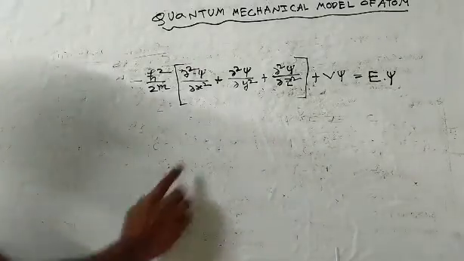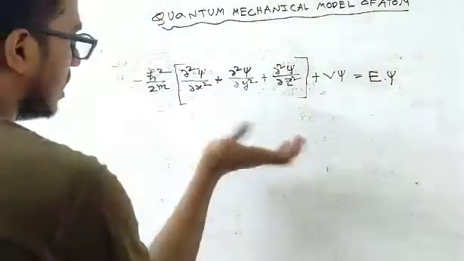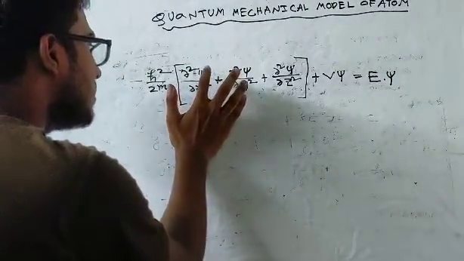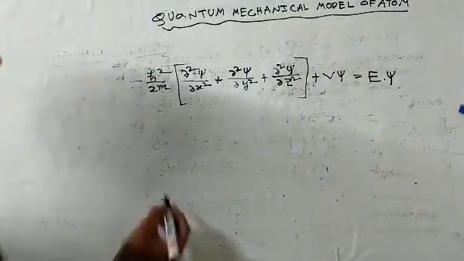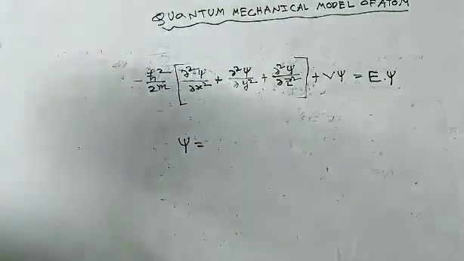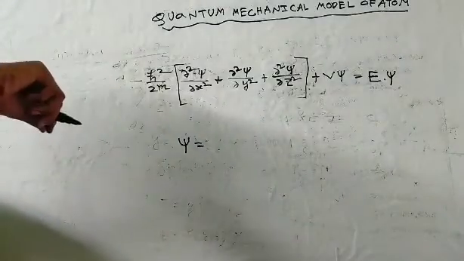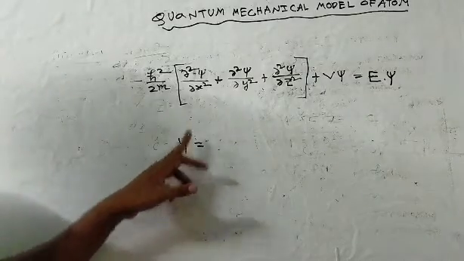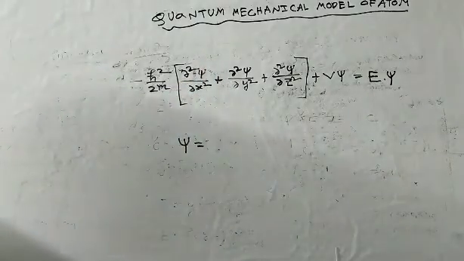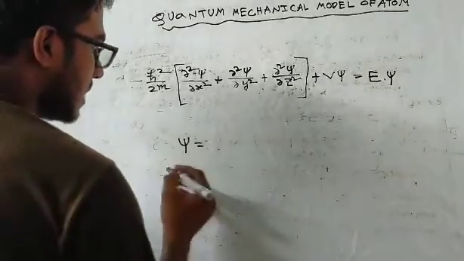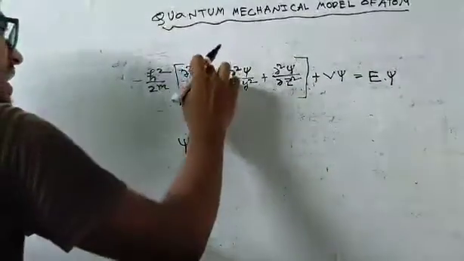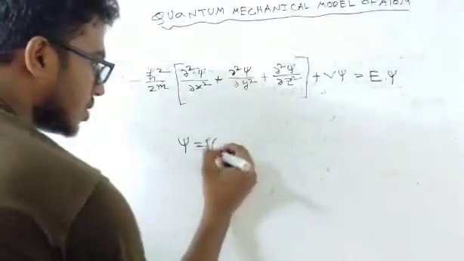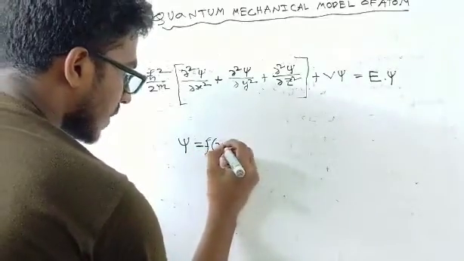So now look at this equation. Here you are doing the derivative on psi, so your solution should come out as psi equals something. Since you are doing the derivative with respect to x, psi equals a function of x.